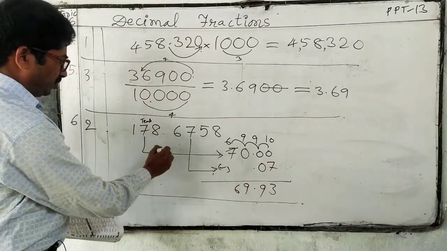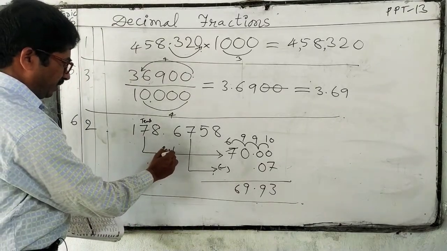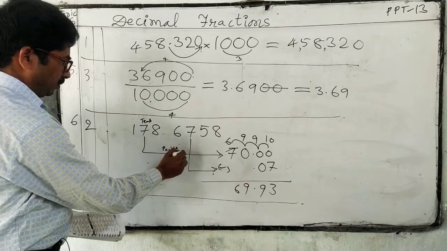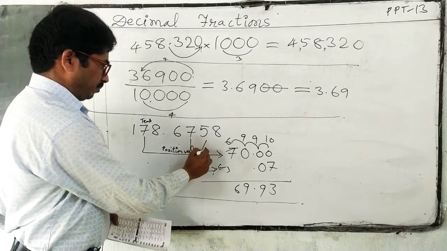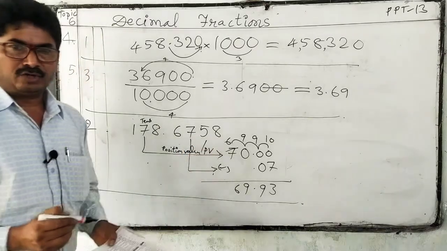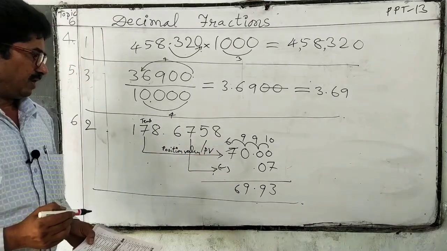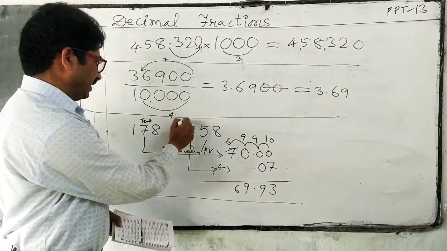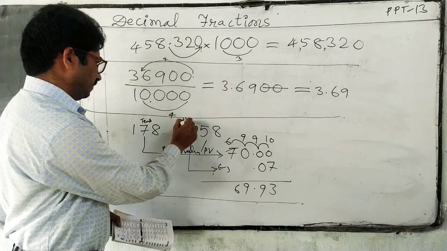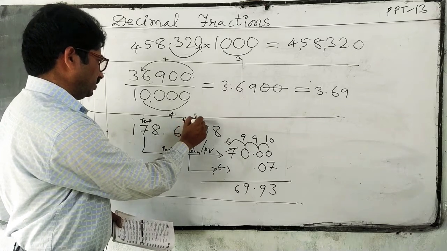This is the position value. Position value is nothing but place value. So this also is position value. This is the 100th place.